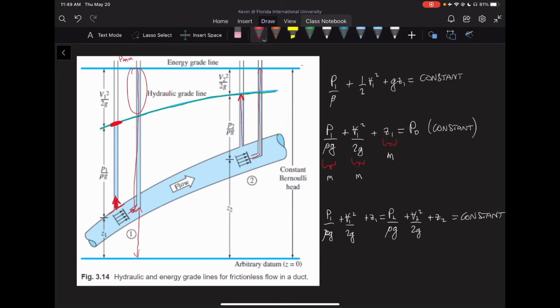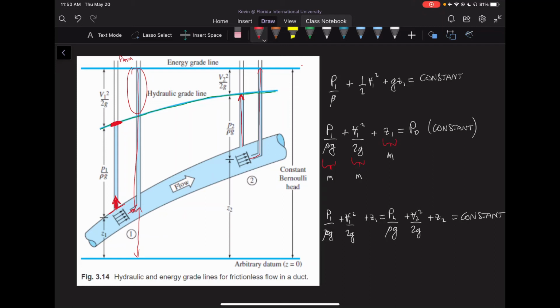And hopefully this will make more sense once we do an example problem. But essentially what this means is that all three terms added together are constant throughout. If you only add two terms together, you might not have a constant, such as in the example of the hydraulic grade line. The velocity always brings it to a flat top where the energy is essentially equal throughout.